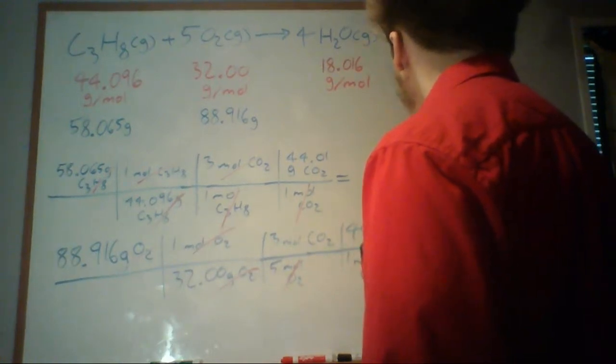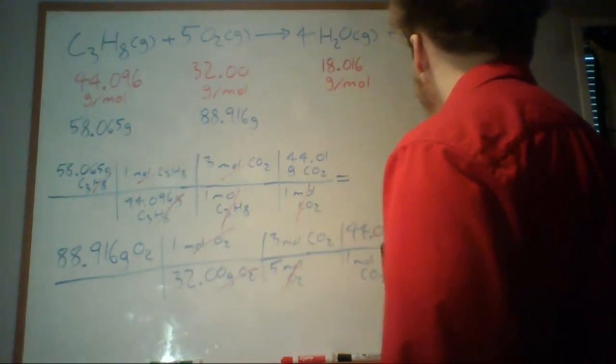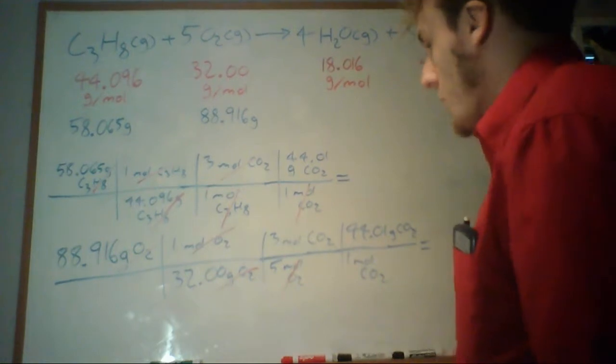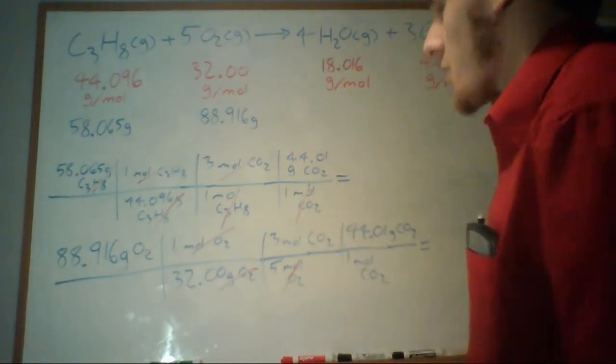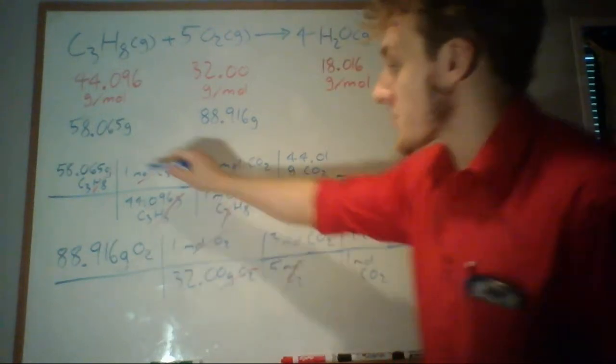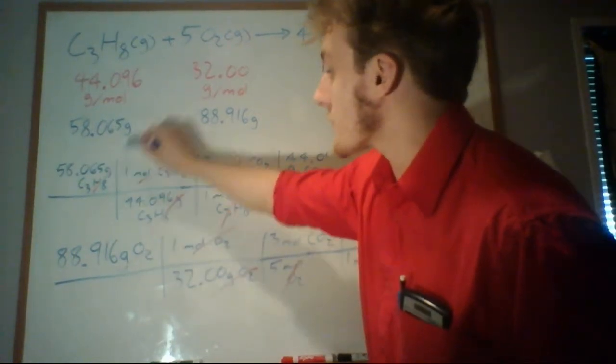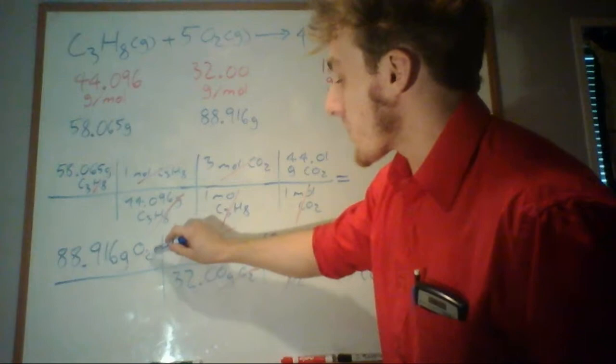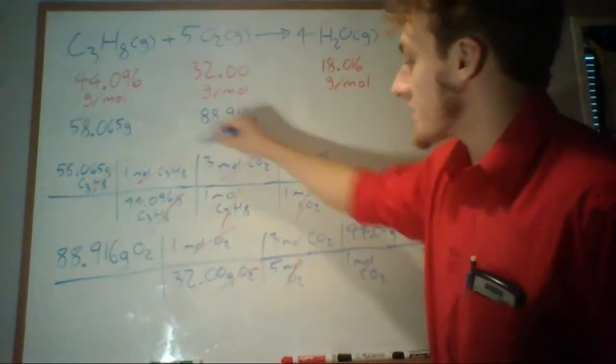So for every 1 mole of CO2, we'll get 44.01 grams of CO2. All right, so in both of these cases, what we did was we started out with the mass of our starting material. In this case, the initial mass of propane. Here, the initial mass of oxygen.